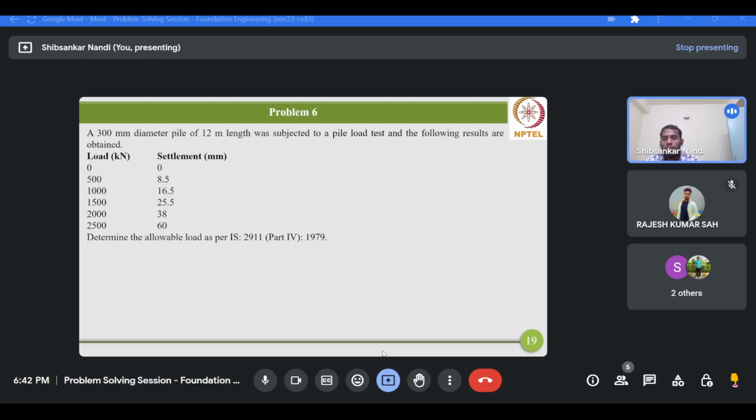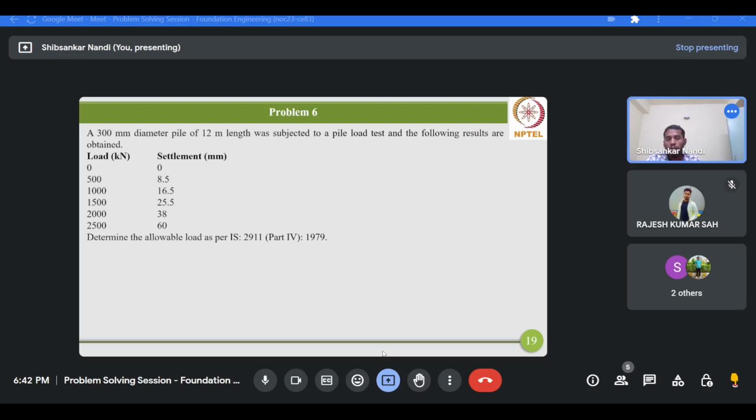So recommendations for allowable load will vary from single pile to group of piles. Okay. So please remember, right now we are dealing with single pile. So accordingly, we have to follow the recommendations for determining the allowable load. So what are those recommendations?